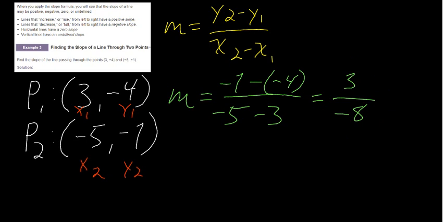This is a good habit to get into for this class and for every class after it. So this is going to be negative 3/8. All I did was put the negative in front of it, and that is the slope of this particular line. Of course it is a negative slope, so this line is going to be pointing downward, going down.